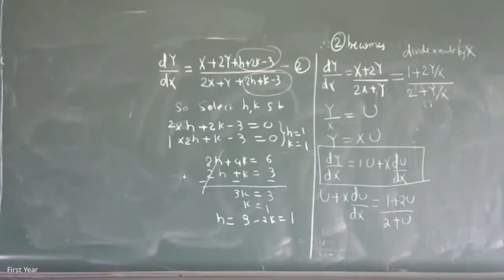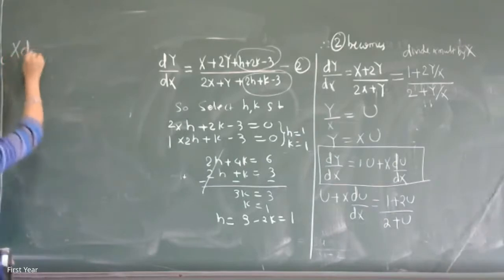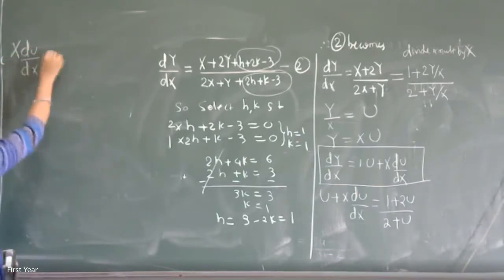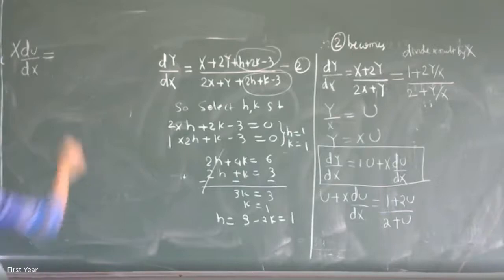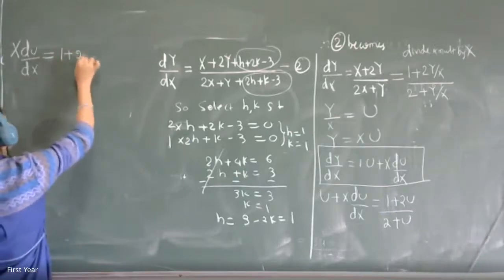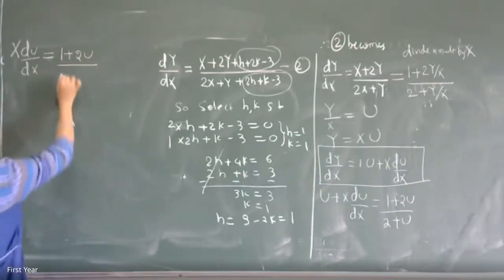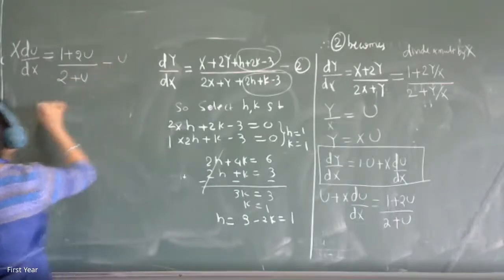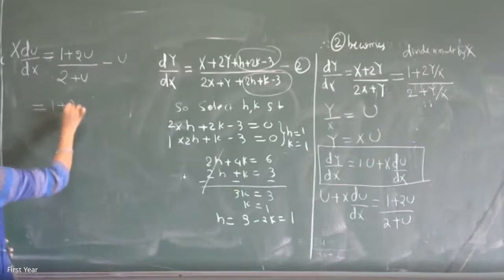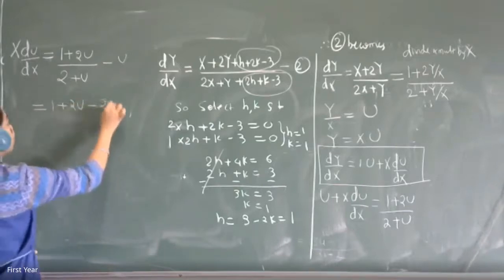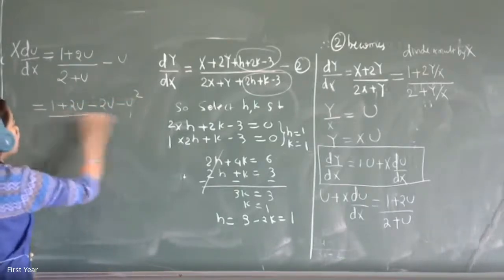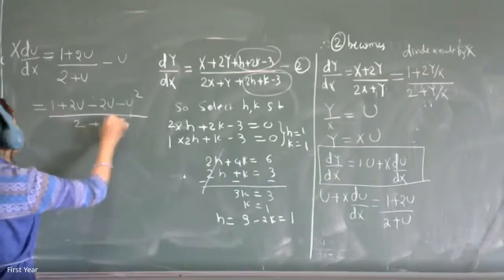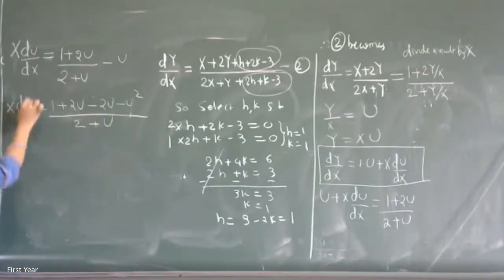Okay, so what we got now? x du by dx is equal to 1 plus 2u divided by 2 plus u, minus u. To simplify this, it is 1 plus 2u minus 2u minus u square divided by 2 plus u, is x du by dx.